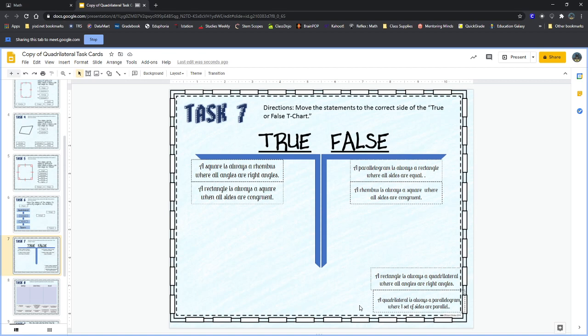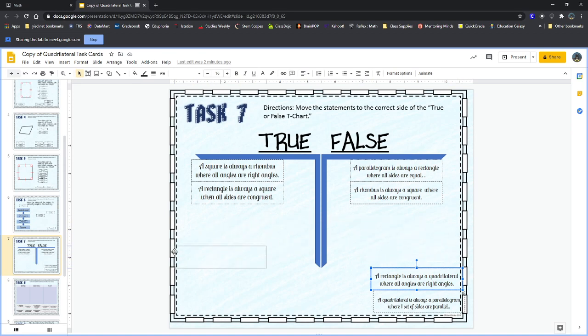All right, I've got 2 left that I have to figure out where to put them. A rectangle is always a quadrilateral where all angles are right angles. Where can I put this? A rectangle is always a quadrilateral where all angles are right. Is this a true statement or is this a false statement? Christopher, what do you think, Christopher?